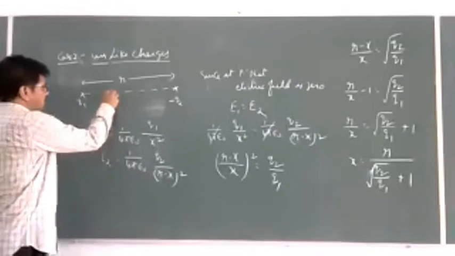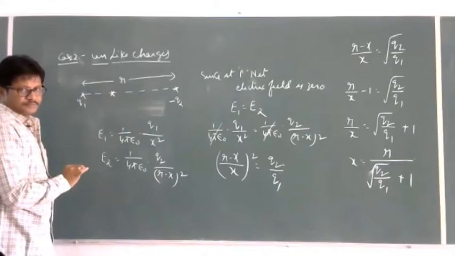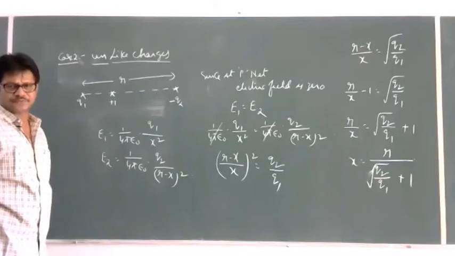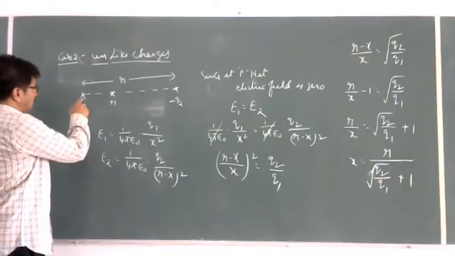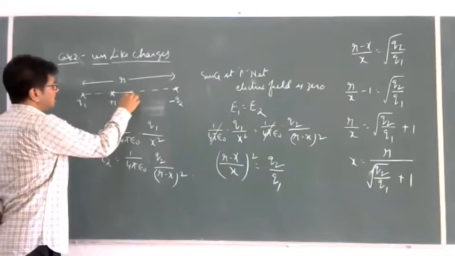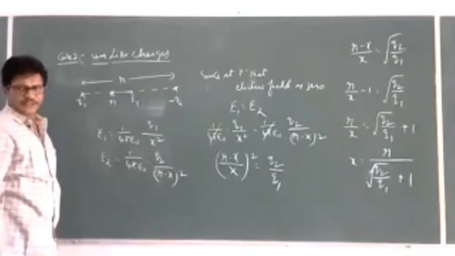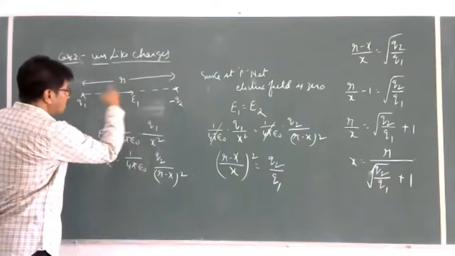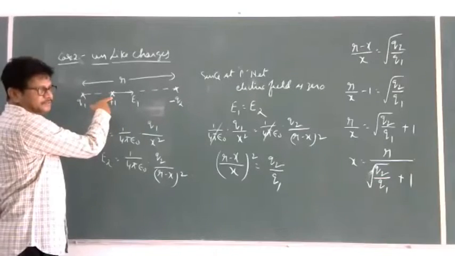Here I would like to find the net electric field, so I need to imagine one unit positive charge. This is positive and this is positive, so the electric intensity E1 will act like this. Because of the other charge, one more electric field will act.